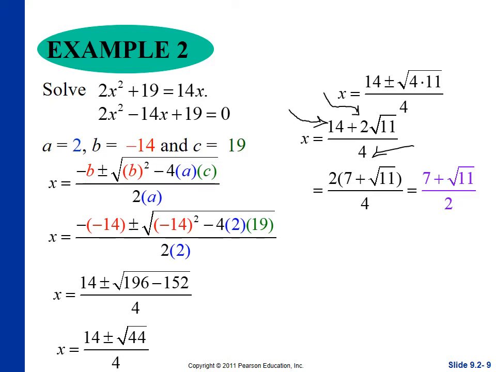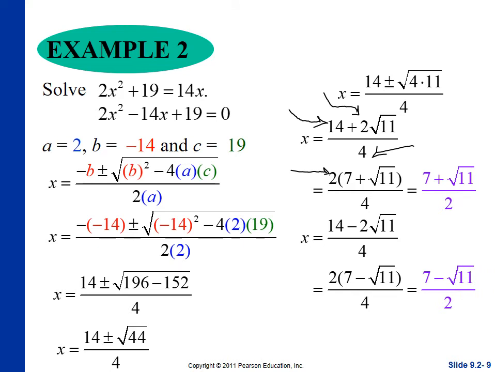All of those can factor 2. So that's why we're doing this right here. So now we can divide that 2 out of the numerator and the denominator. And so we end up with 7 plus the square root of 11 over 2. And we end up doing the same thing over here with 7 minus the square root of 11 over 2.